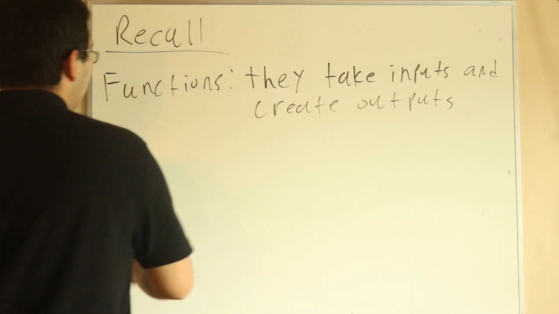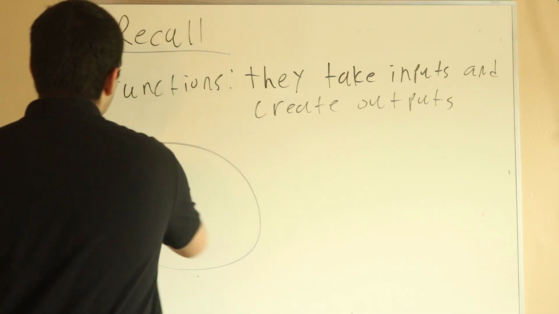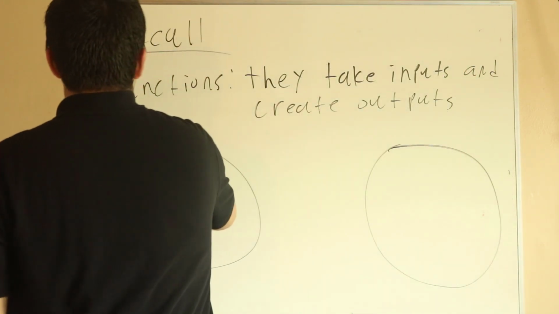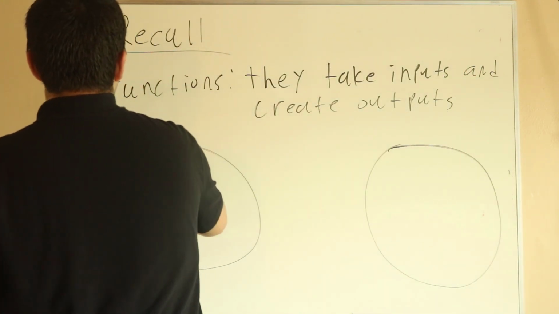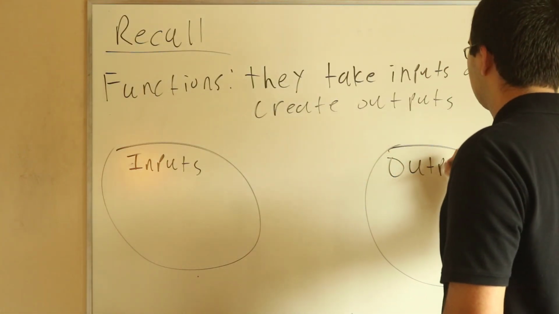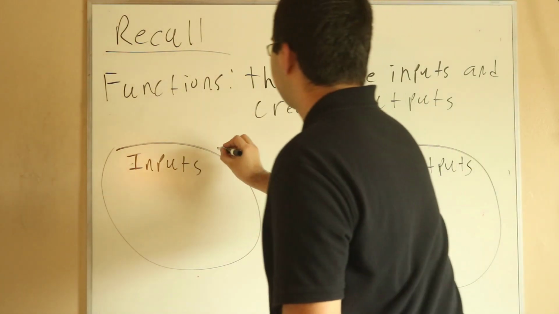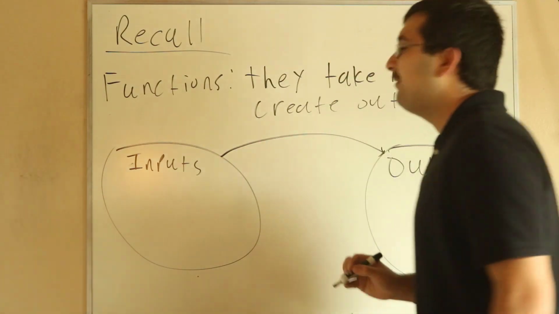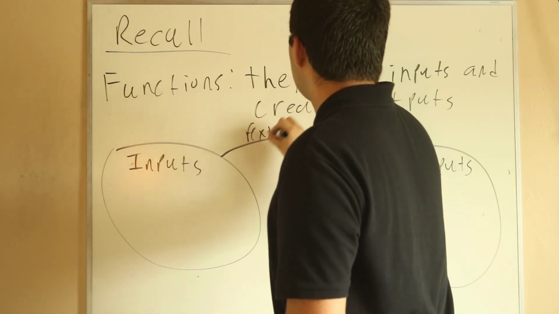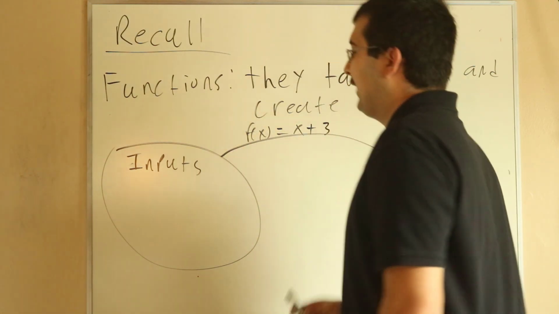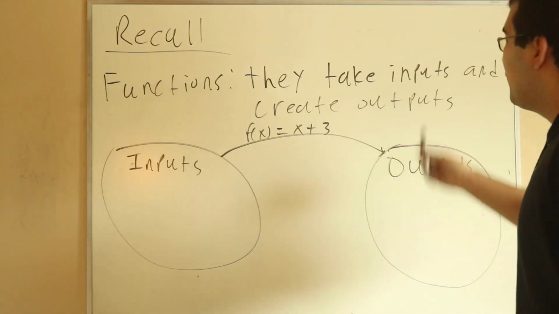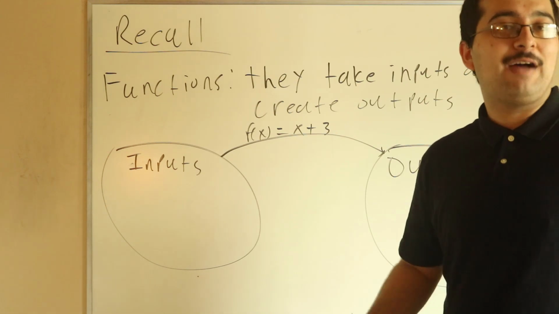So, how we like to denote that visually is, given two sets of numbers, one we'll call our inputs, and one we'll call our outputs, we can have a function, say, f of x equals x plus 3, that takes all the numbers in the set of inputs and maps it to a corresponding set of outputs.